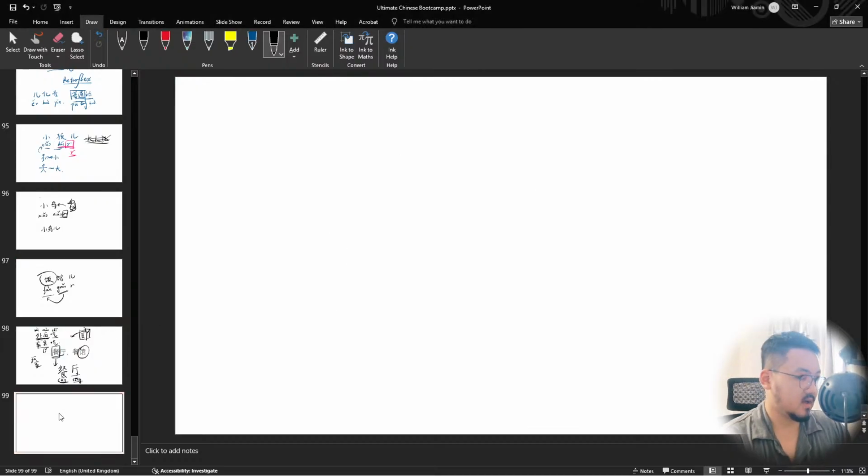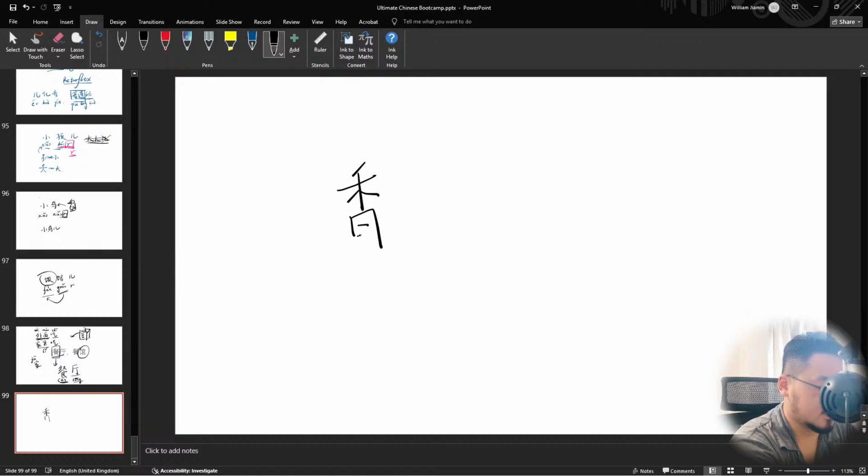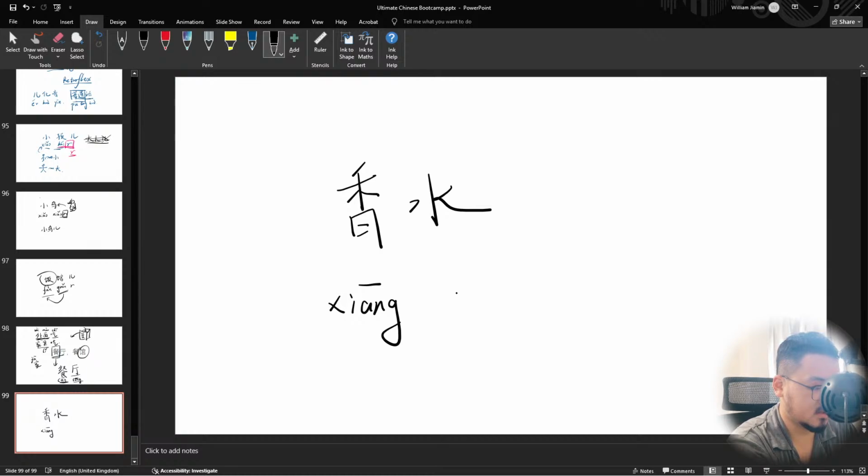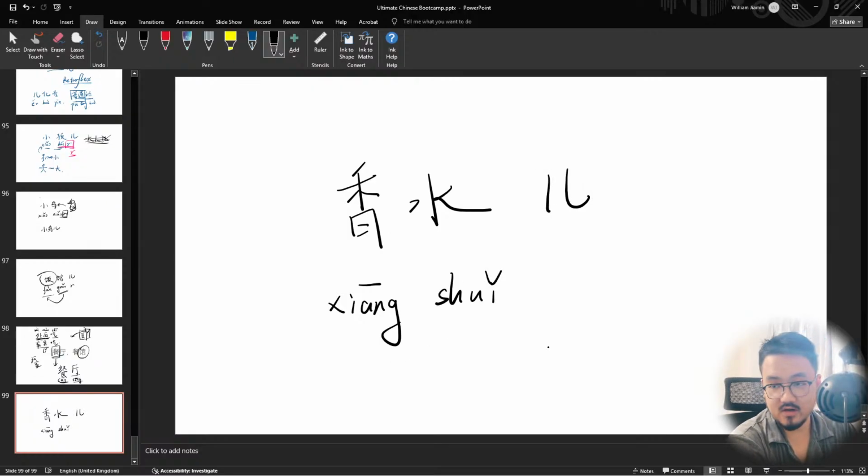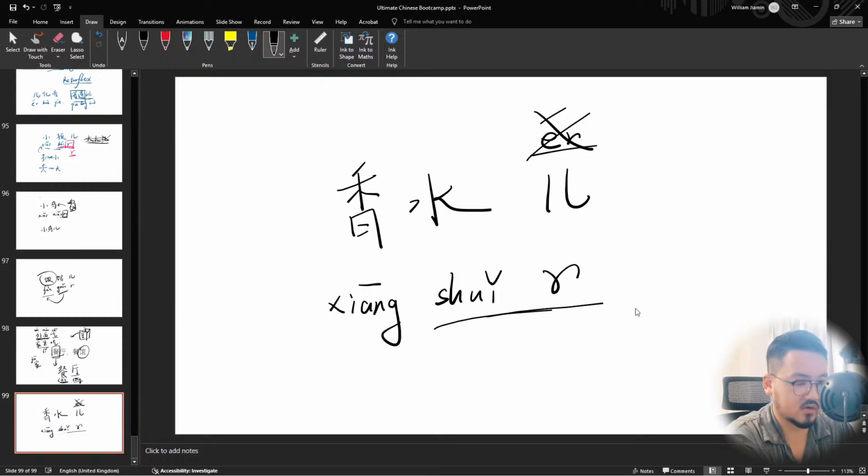And also in the curriculum, you will look at something like this: 香 smells good, 香水 fragrance. It's not pronounced 香水儿 with a full separate syllable, because it's 儿化音, right?